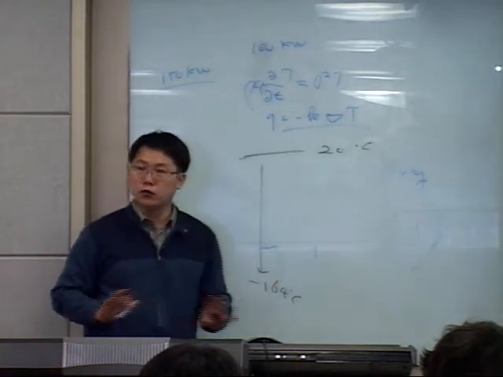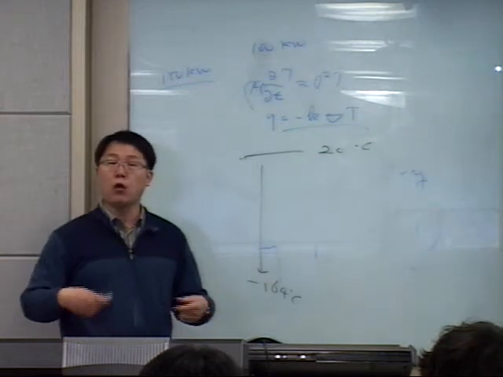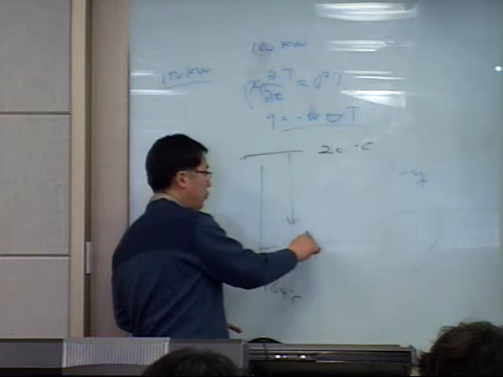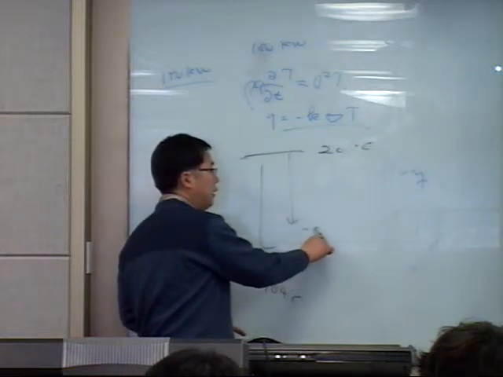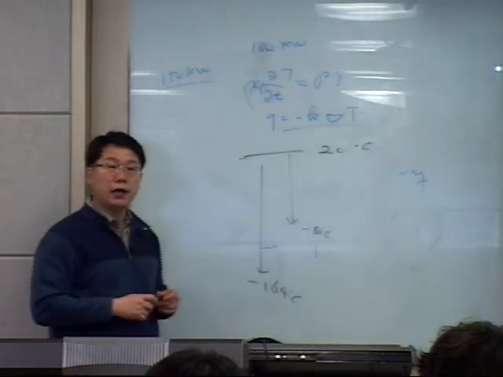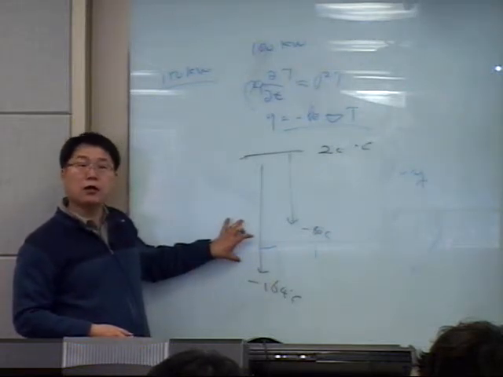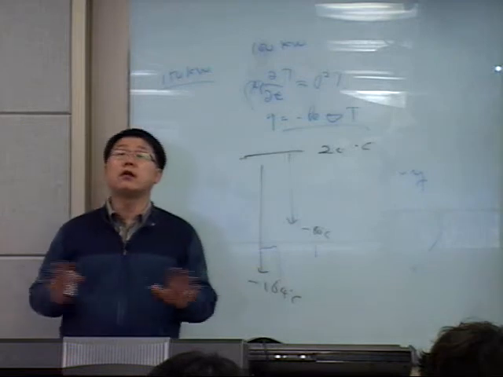If we employ the PLNG concept, the temperature would be minus 80. Then we can save this amount of energy during the liquefaction.